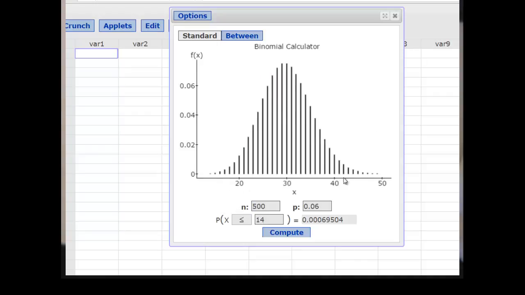Now if I have 500 people, the curve looks much more normal, normally distributed. It's symmetric, it's unimodal, and it has these 2 tails, etc. So it looks normal. What's happening is as we increase n, the binomial probability curve looks more and more normal.